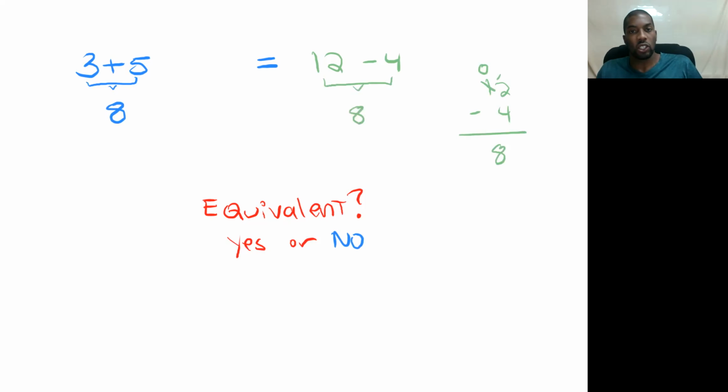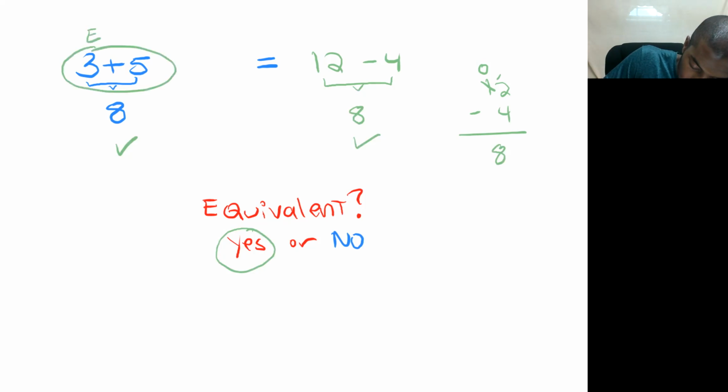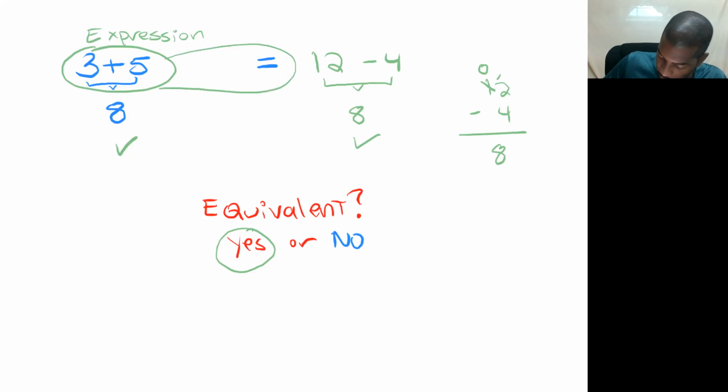All right, so does 8 equal 8? Yes, it does. Therefore, these two expressions are equivalent. So remember, 3 plus 5 is an expression. 3 plus 5 equals, that is an equation because it has the equal sign.